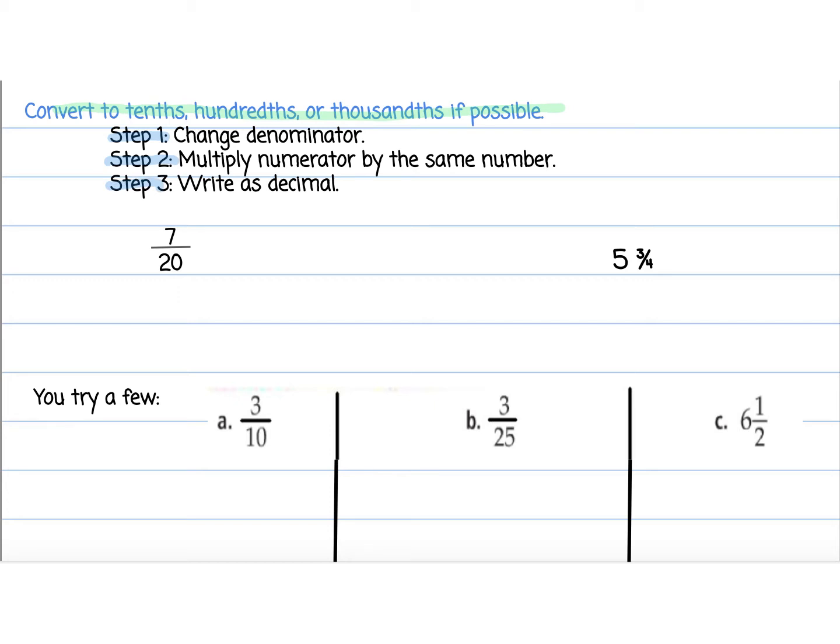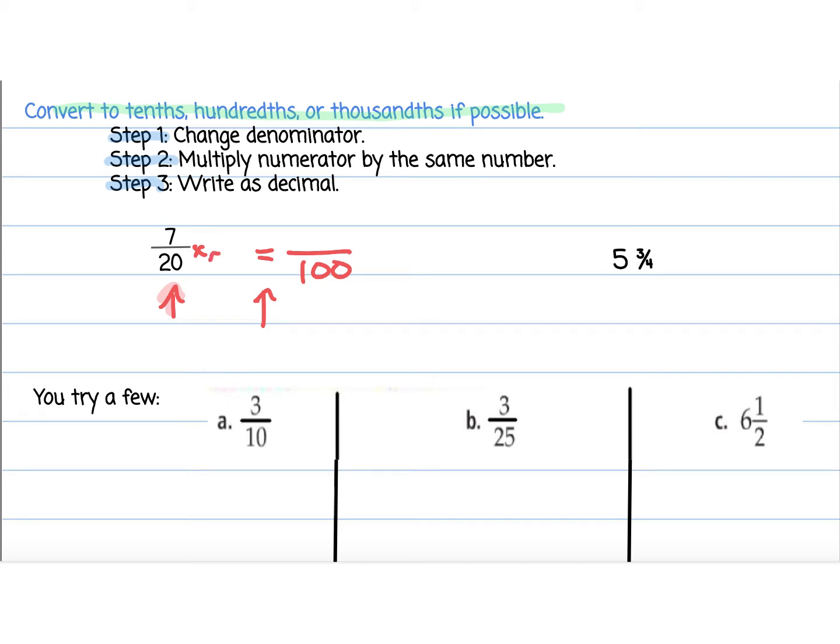So for example, looking at 7/20ths here, what I know is that 20 is a factor of 100, meaning 100 is a multiple of it. So what I can do is I say, okay, well, what number times 20 gets me to 100? And whatever I do to the bottom, I have to do to the top, because the goal here is that I'm keeping everything equivalent. These are the same number represented differently.